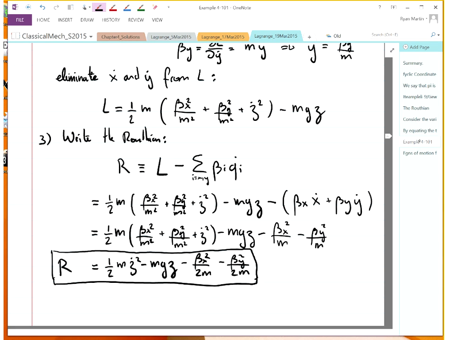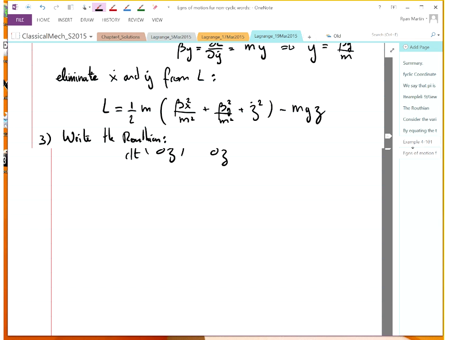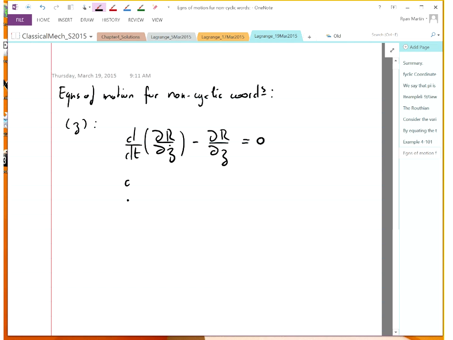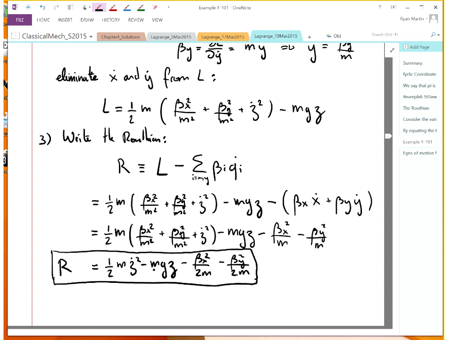So let me look at R. So ∂R/∂z dot, that's easy, right? There's only one term with z dot in it, so I differentiate with respect to that. The z dot squared, the 2 comes down and cancels the half, and so we're left with m z dot. So I have d/dt of m z dot minus ∂R/∂z.